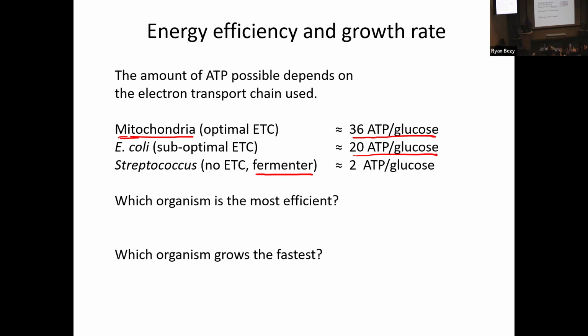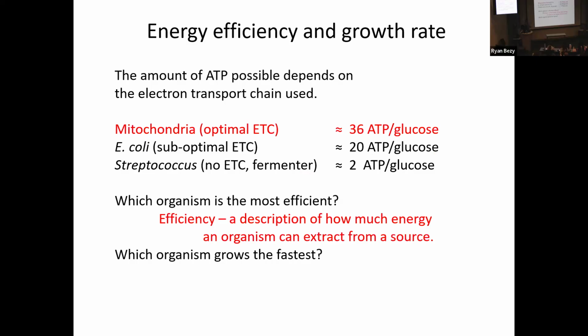Okay? In this particular case, if we're going between E. coli or Streptococcus, which one of those is most efficient? That is going to be E. coli. The reason is efficiency is a description of how much energy an organism can extract from a source.